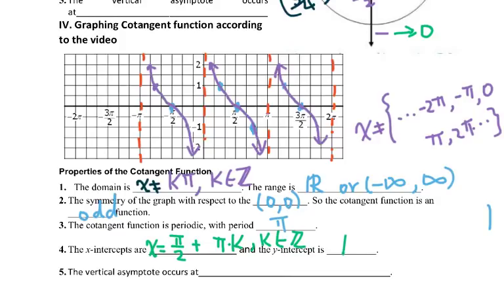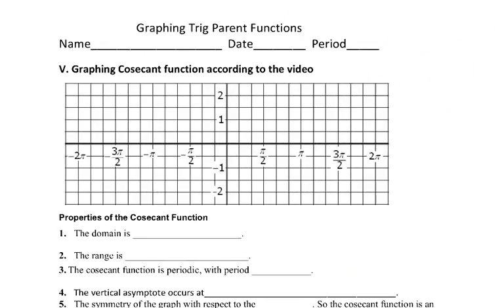So no y-intercept. The vertical asymptote lines occur at 0, pi, 2 pi, 3 pi, then negative pi, negative 2 pi, negative 3 pi. So basically I can write down x equals k pi, where k is integers.